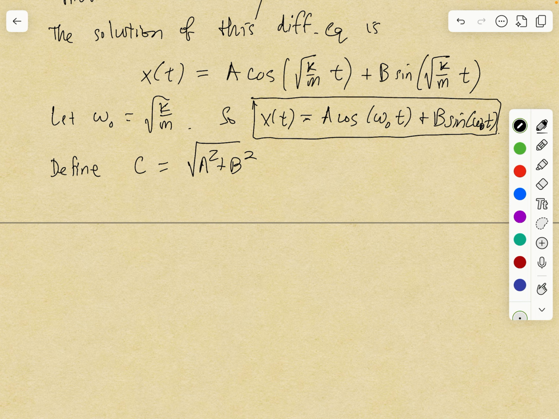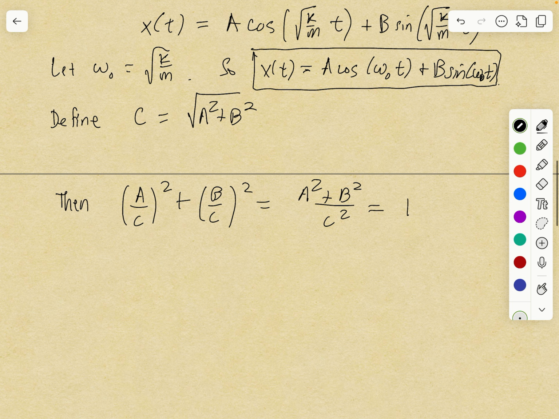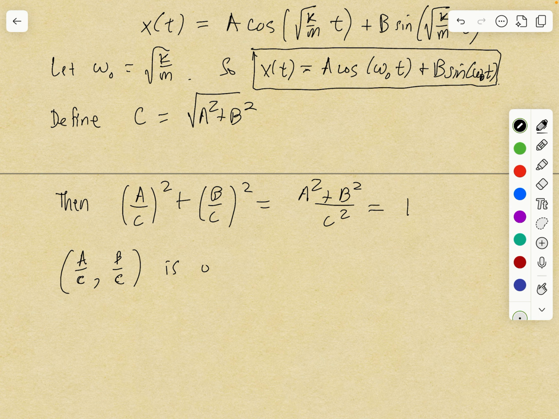Then if you look at A over c squared plus B over c squared, you get A squared plus B squared over c squared. And by definition of c, this is equal to 1. So basically, whatever your A and B are, the point A over c, B over c is on the unit circle.